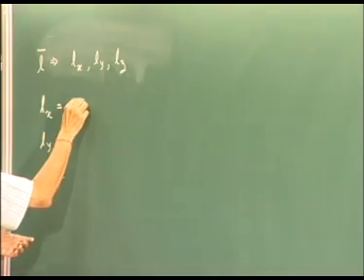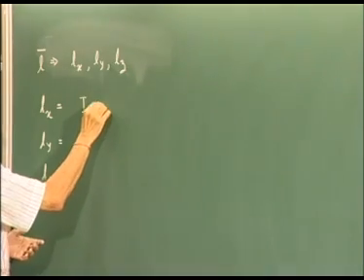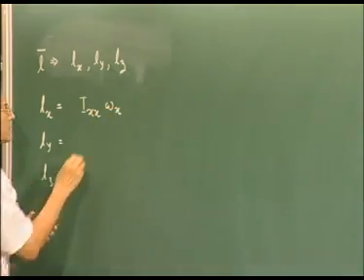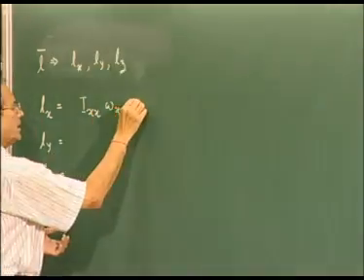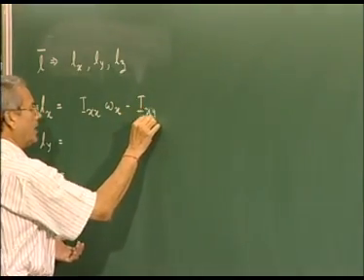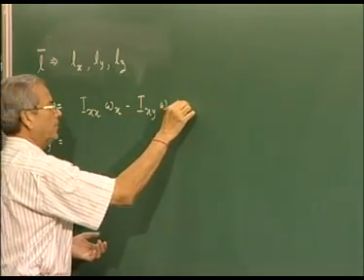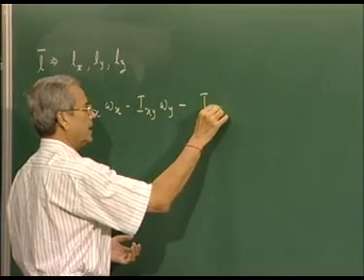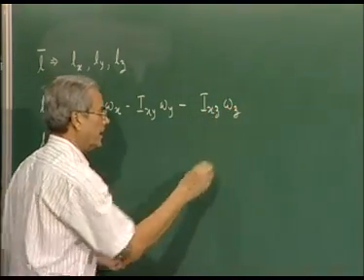can be expressed as Ixx omega x minus Ixy omega y minus Ixz omega z.